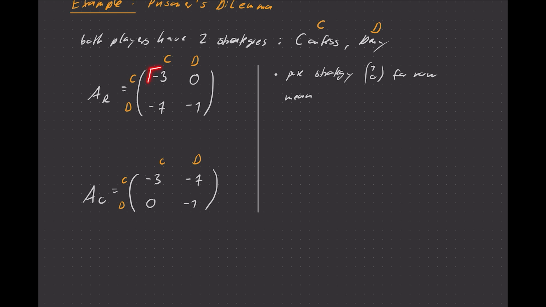So that corresponds to confess. While 0-1, selecting the second row, that corresponds to deny. And of course, the same strategies can be used for the column player.